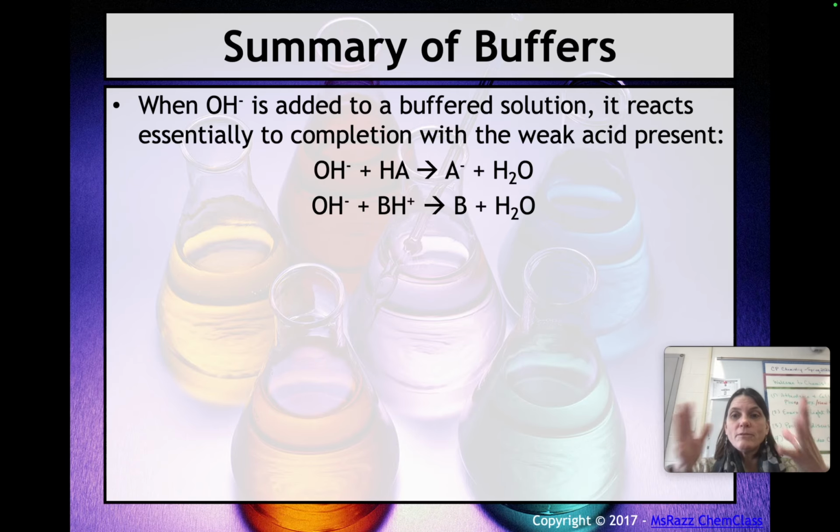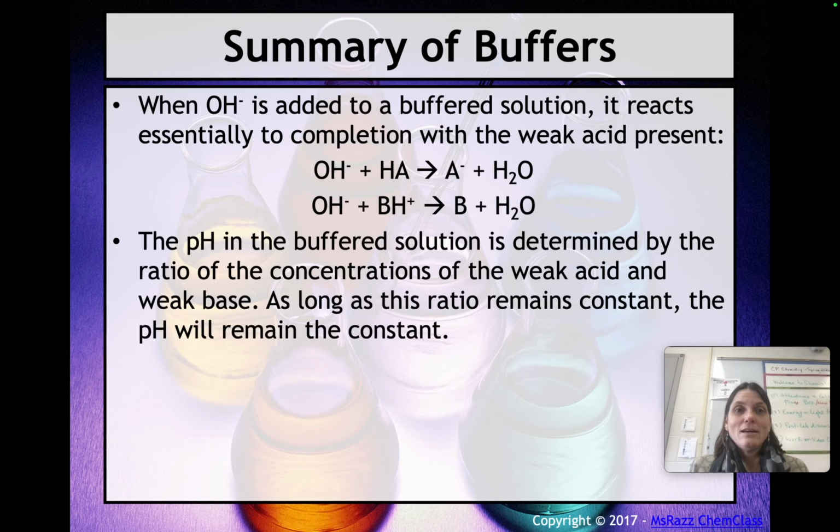So if you have a buffer system made out of a weak acid, the strong base is going to react with the weak acid. Or if you have a buffer system where you're starting with a weak base, the strong base is going to react with the conjugate base. I shouldn't try to talk, just read.